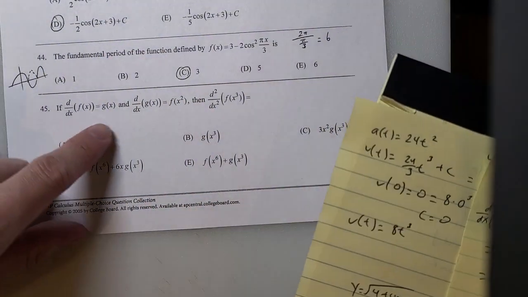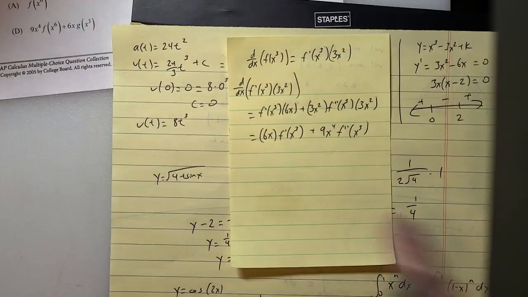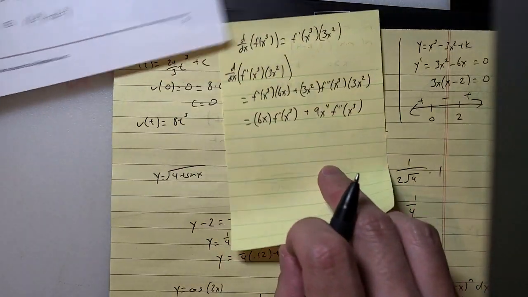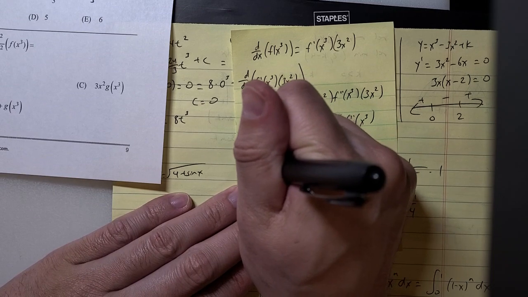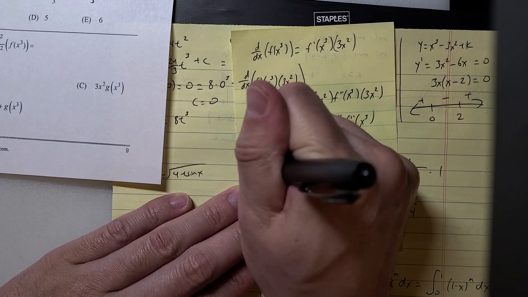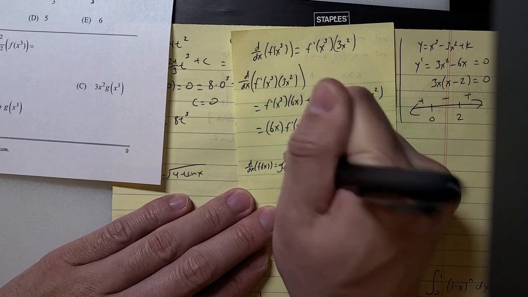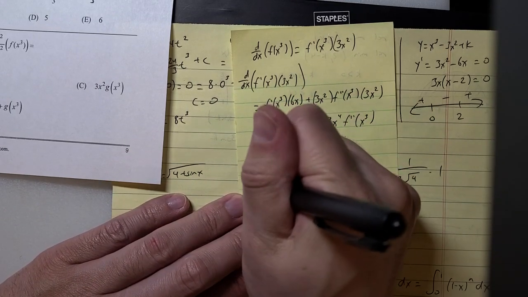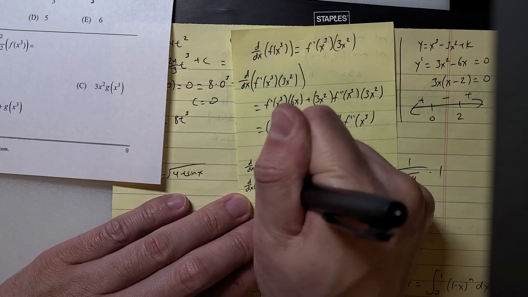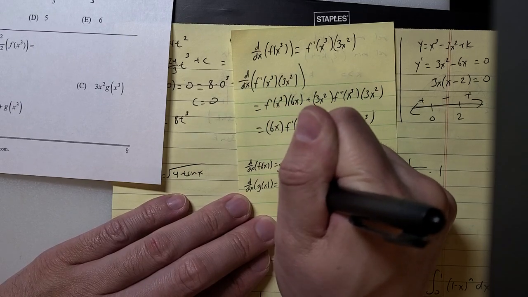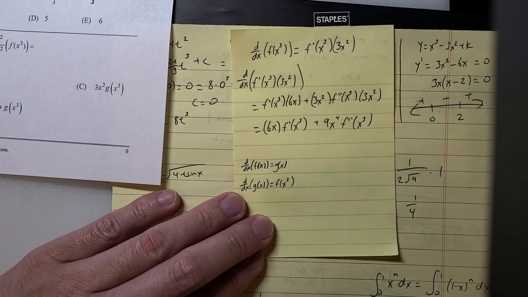Okay, so how do we relate these two is what I'm thinking now. So this part should be good. Now, we're given that d by dx of f of x is g of x, and we're given d by dx of g of x is equal to f of x squared.